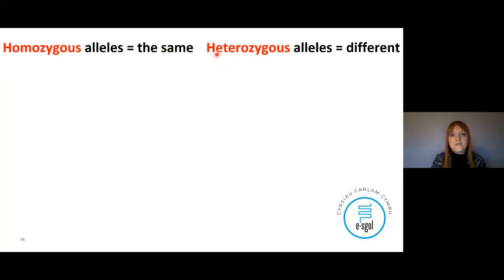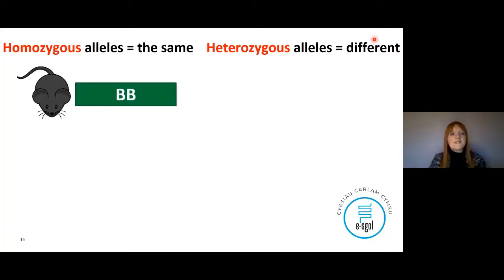Heterozygous, hetero means different. So heterozygous alleles mean that you have inherited different alleles from your mum or dad. Okay, so in the case of homozygous, this black mouse here would be classed as homozygous because he's got 2 dominant alleles.